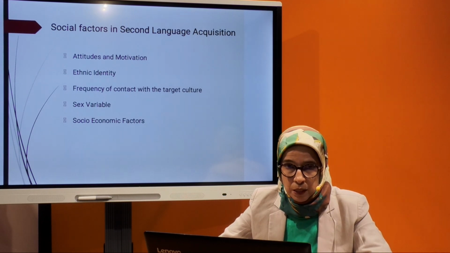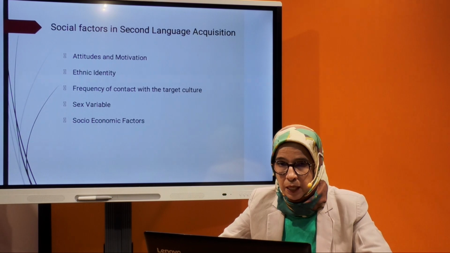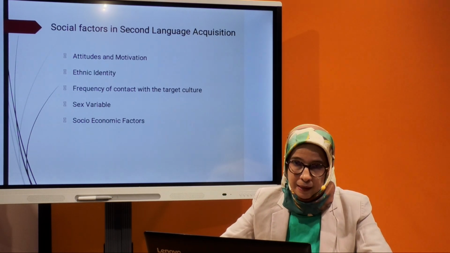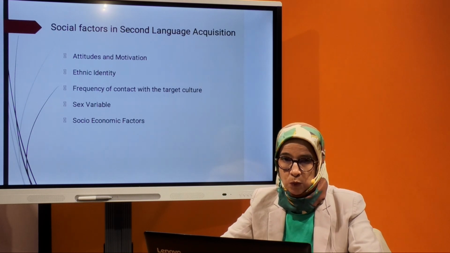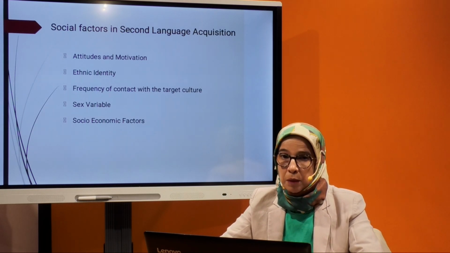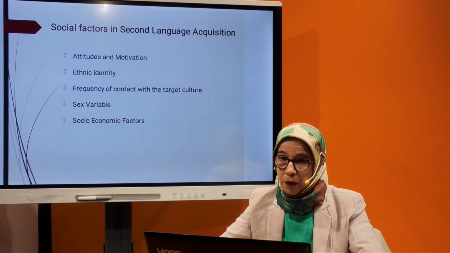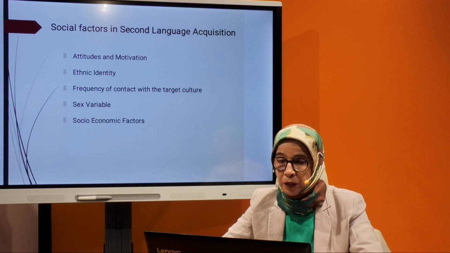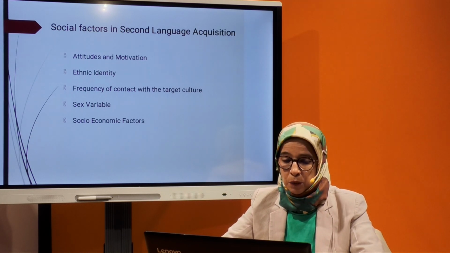Peers' attitudes may influence positively or negatively the acquisition of a second language. And parents' attitude towards the language and towards its native speakers may also influence their children, related to the acquisition or the learning of a second language or a foreign language.